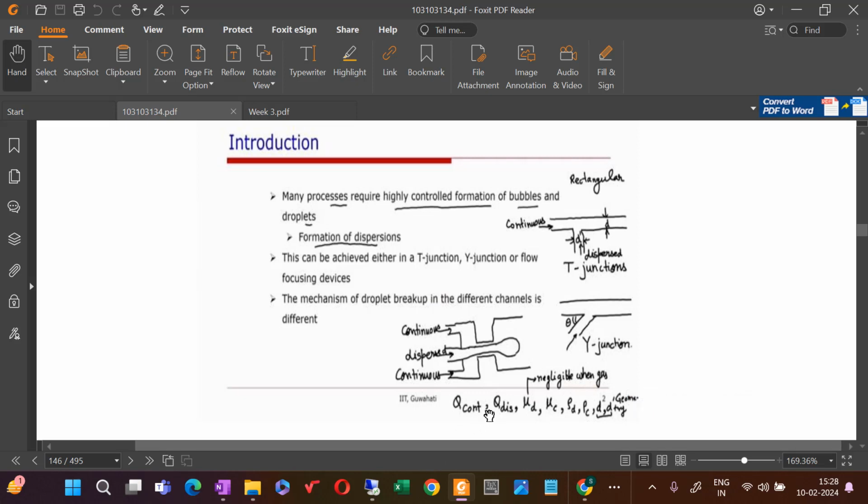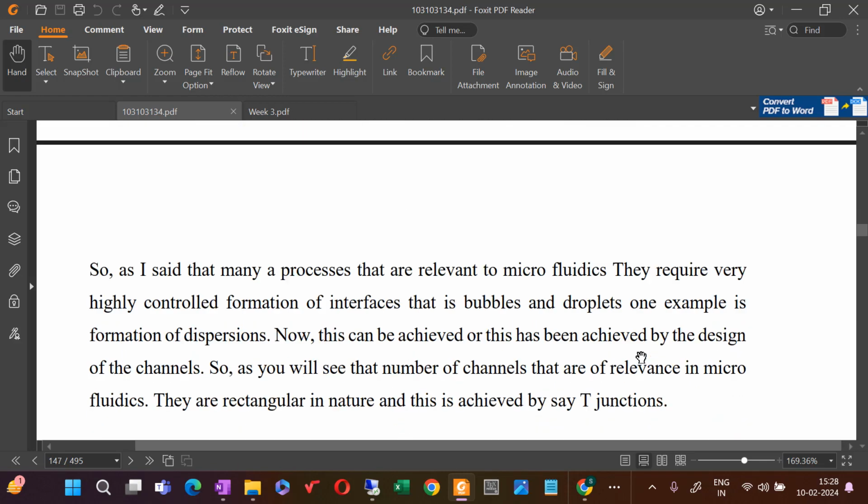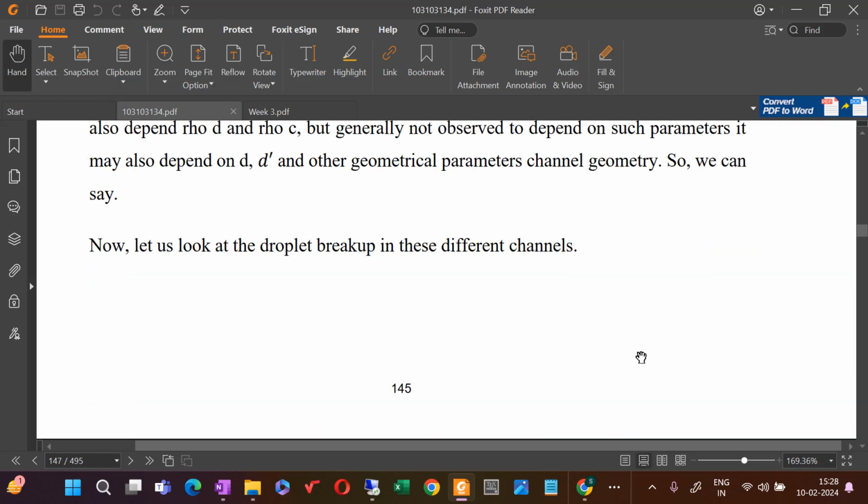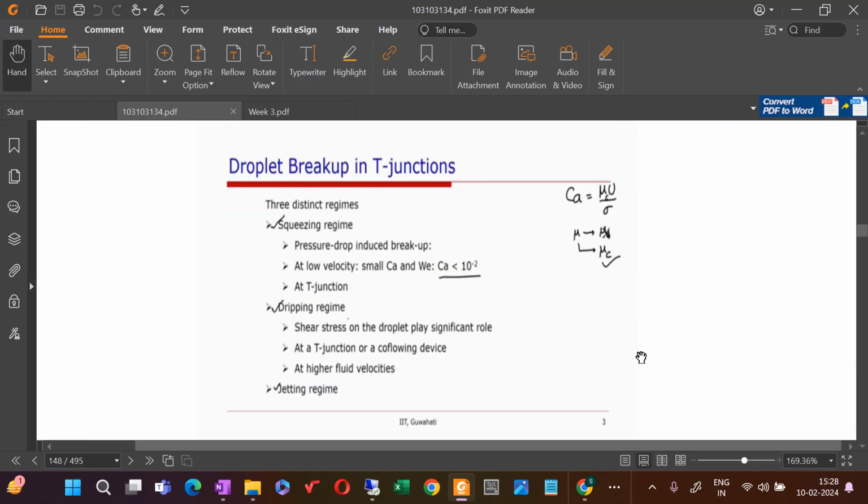That is decided by the flow rate of the continuous medium, flow rate of the dispersed medium, density of the dispersed and continuous phases, viscosity of the dispersed and continuous phases, the diameter of the channel, and the geometry and the ratios of the diameters from where both the fluids are coming in.